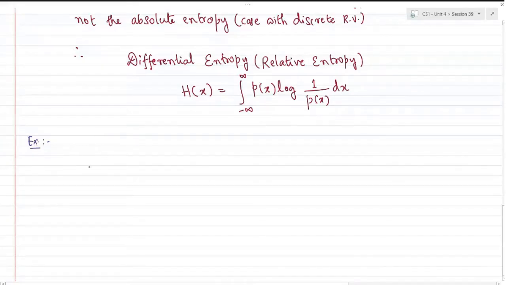Normally we define it as H of X, log 1 over p, which is differential.